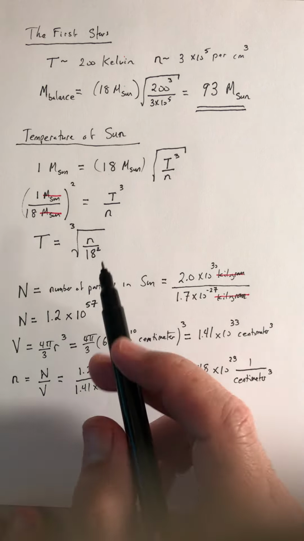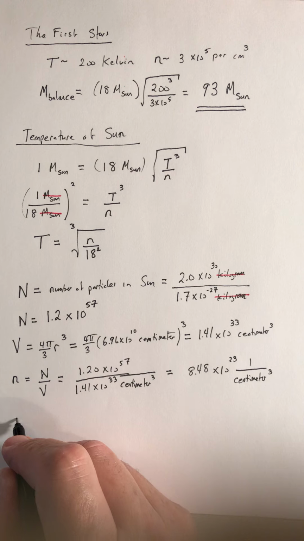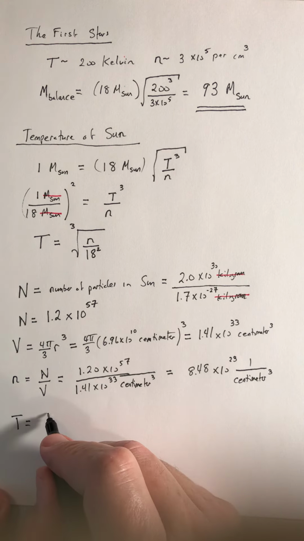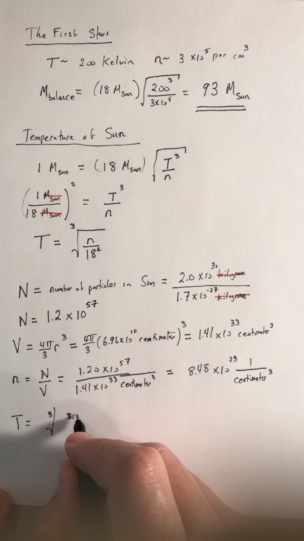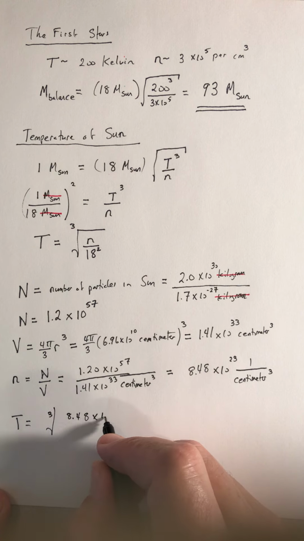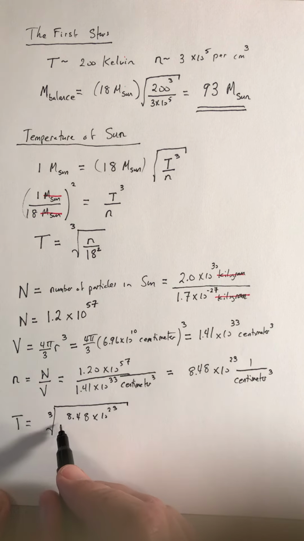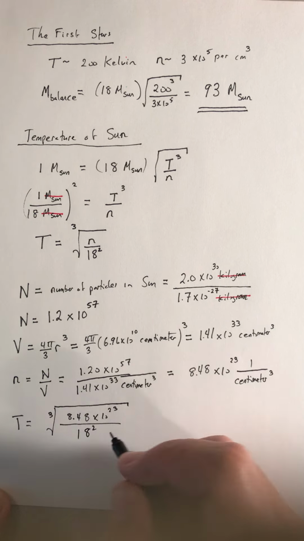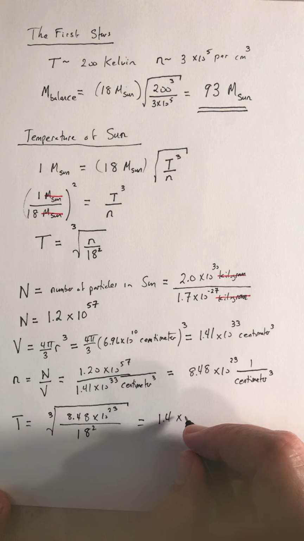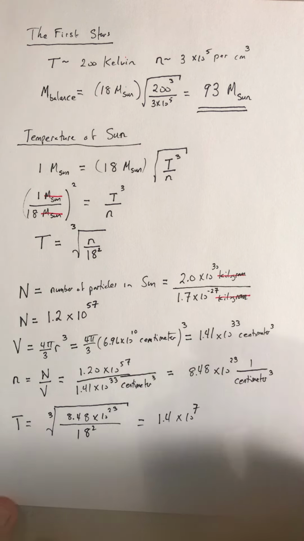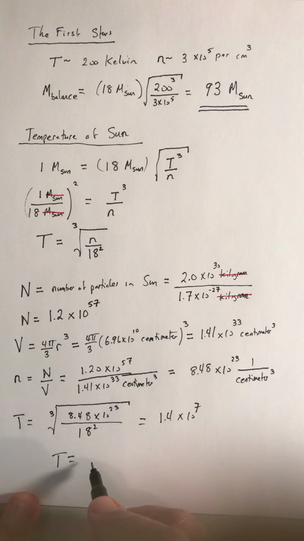All right, so I've got N now. We can go ahead and calculate what the temperature is. So remember, cube root of 8.48 times 10 to the 23 over 18 squared. And that works out to be 1.4 times 10 to the 7th. That's going to be a temperature in Kelvin. So about 14 million Kelvin.